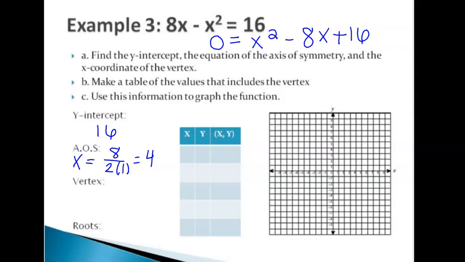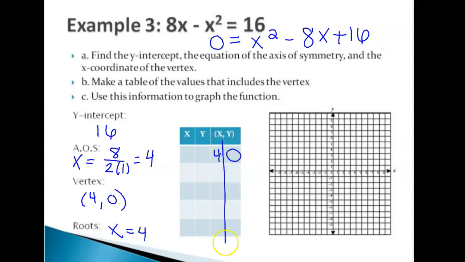So my k value is 0. This is also an example of where the vertex is also my root. So that means I will only have one solution.